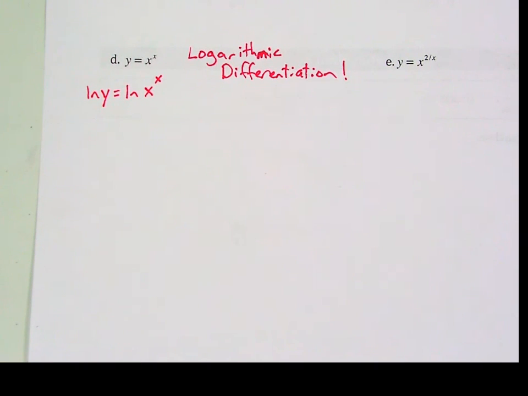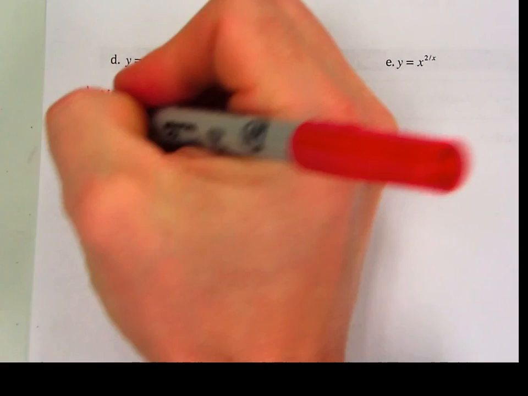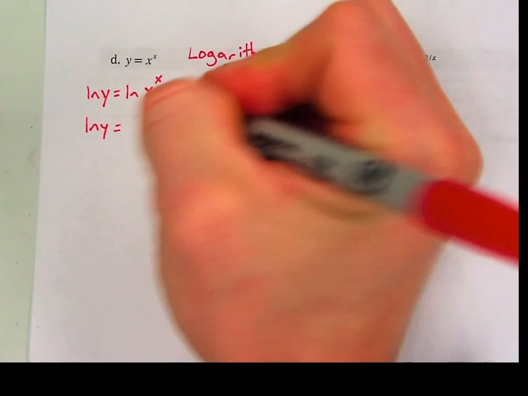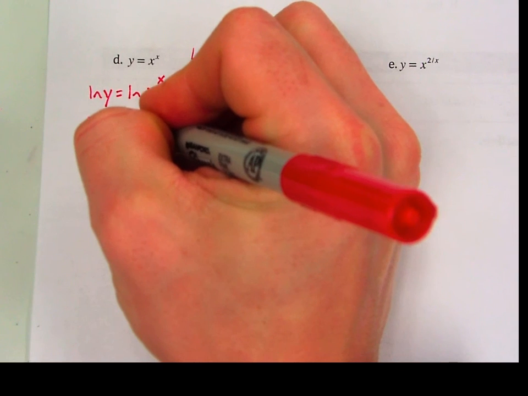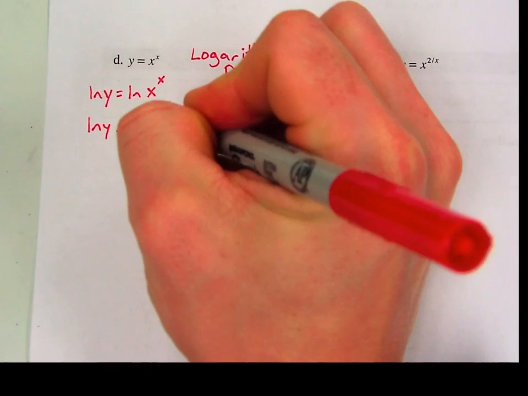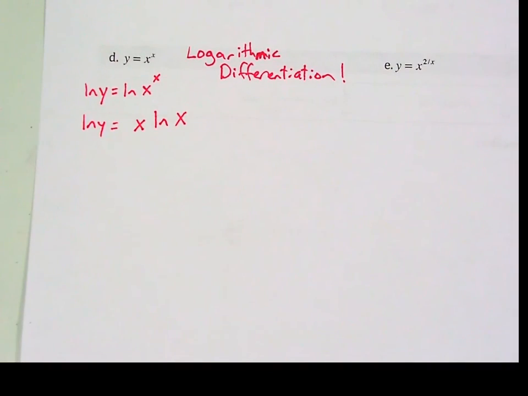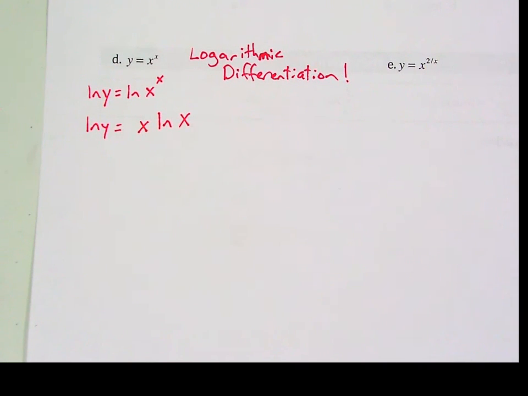And then we can rewrite this. So this is really x ln of x. Now we're going to take the derivative of both sides.